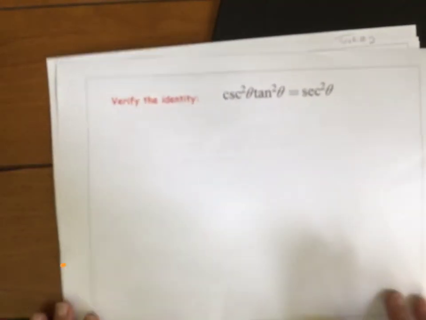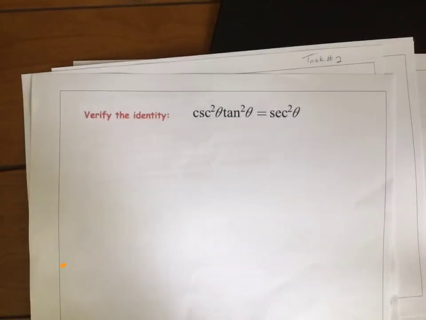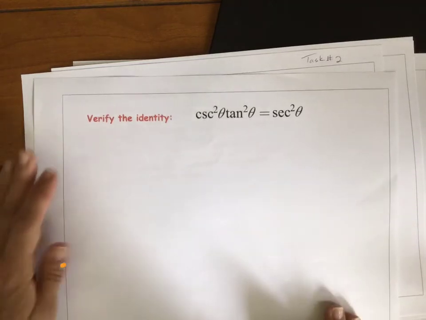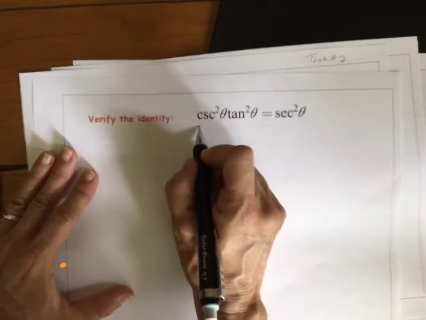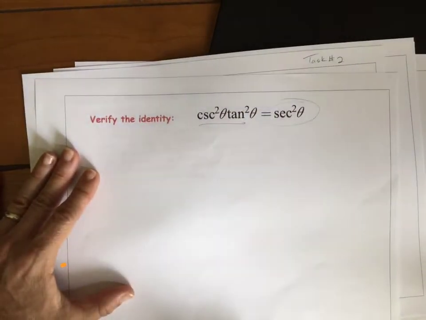Right. I want you guys to try this one then. Hopefully you took a chance and paused this and tried this. So we're going to work on this side and leave this side alone.